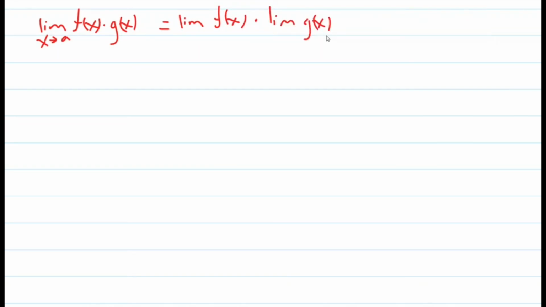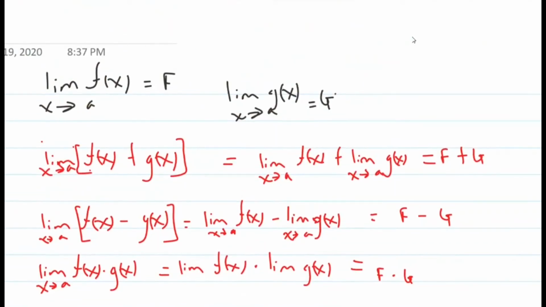Now for multiplication, you have two functions being multiplied and you're finding the limit of the two functions. It is the limit of f of x times g of x as x approaches point A. This is the same thing as the limit of f of x times the limit of g of x, and that will just be equal to both limits multiplied to each other, which I will represent with a capital F and a capital G. From here, the limit of the function f is F and the limit of the function g is G. So that is what these are saying.